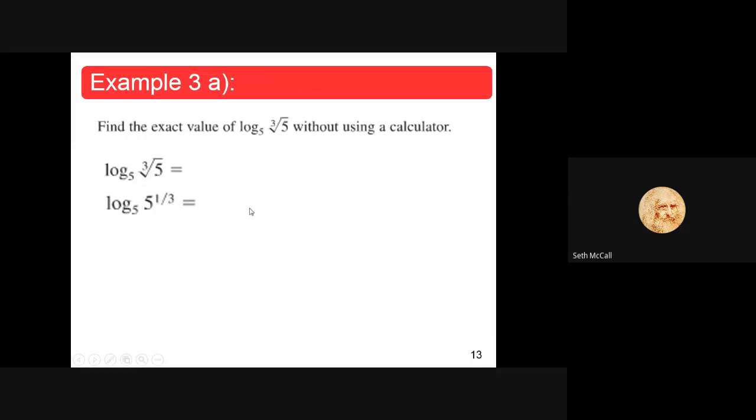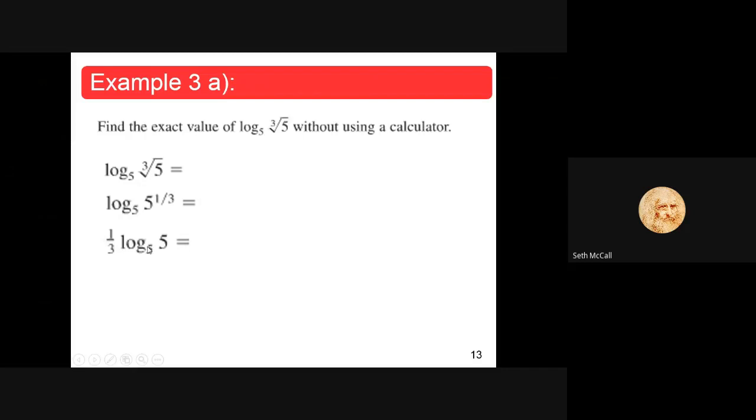The square root's the 1/2 power, cube root's the 1/3 power, the fourth root is the 1/4 power, and so on. So you can see we have log base 5 of 5 to the 1/3 power. The next thing to remember is the power property allows us to bring this 1/3 out in front of the log and then multiply the log.